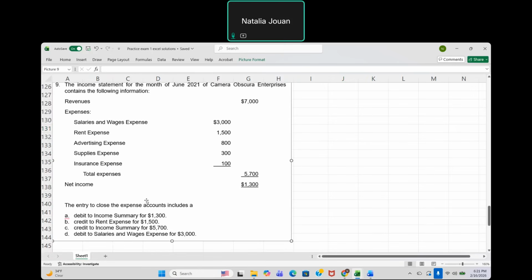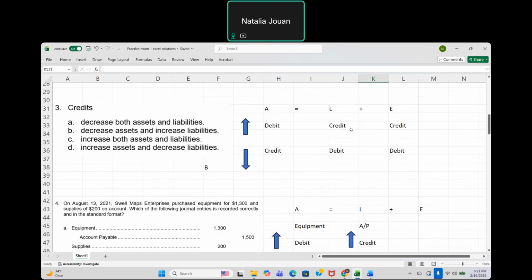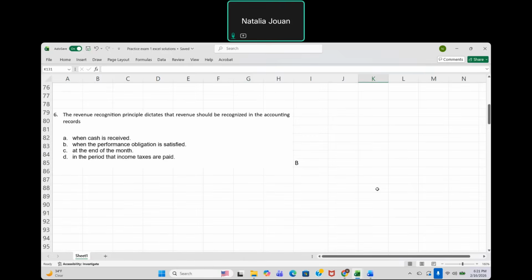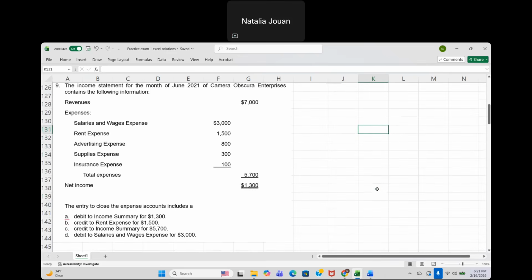The entry to close the expense accounts includes, so let's prepare a closing entry for expenses. Expenses have a normal debit balance. Remember, let's go back to the accounting equation again. Expenses decrease your equity, and a decrease of equity happens with a debit. So expenses have a debit balance. To close them out, we have to credit them.